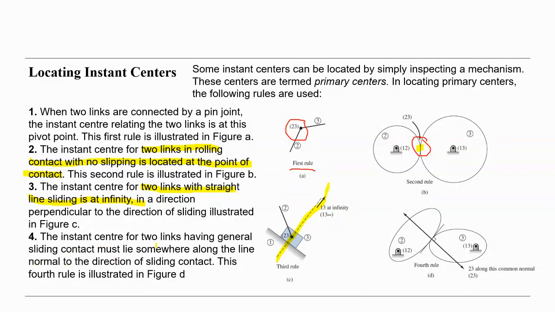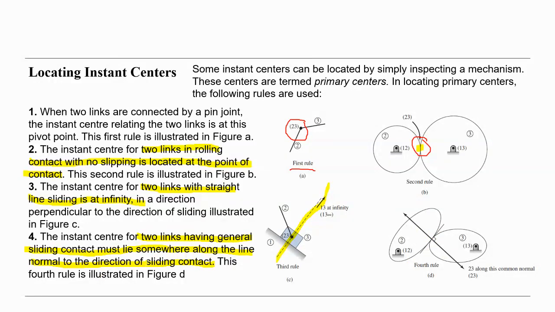So the instant center for two links having general sliding contact, like this here, not pure rolling with no sliding, but rolling and sliding at the same time, must lie somewhere along the line normal to the direction of the sliding contact.